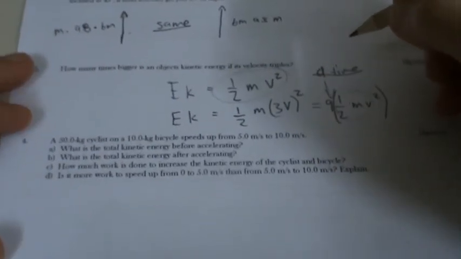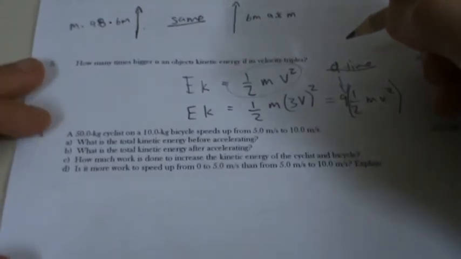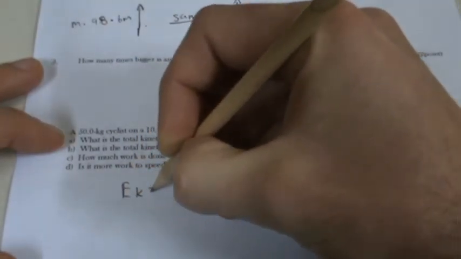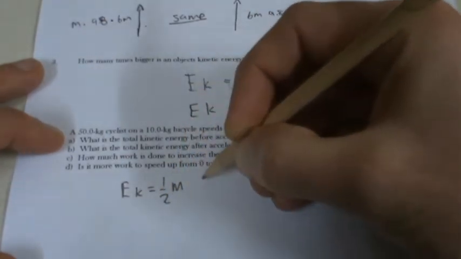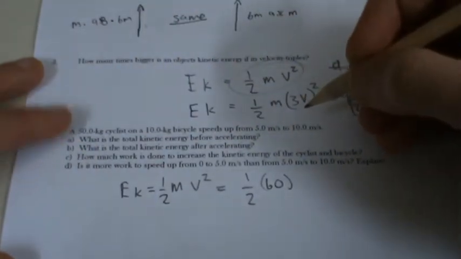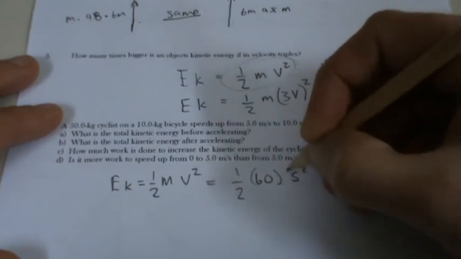It says a 50 kilogram cyclist on a 10 kilogram bicycle speeds up from 5 meters per second to 10 meters per second. What is the total kinetic energy before accelerating? Kinetic energy before accelerating is 1/2 mv squared. So you use 1/2 times 60, because the cyclist and the bicycle together are 60 kilograms, and he has an initial velocity of 5.